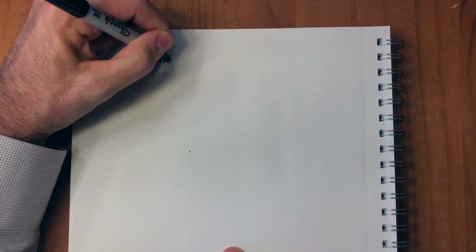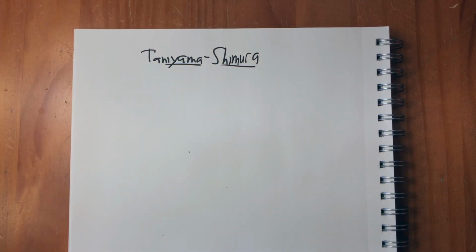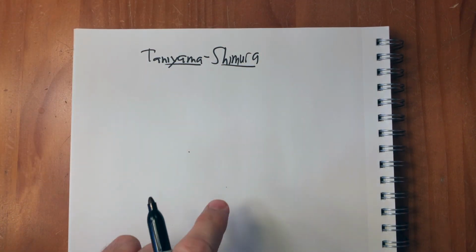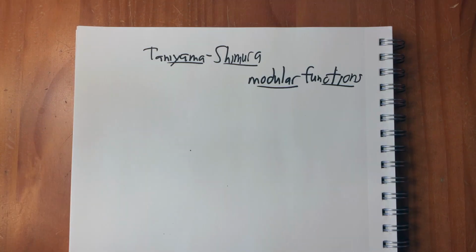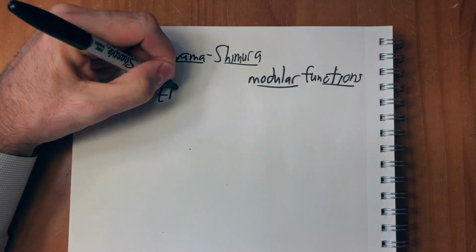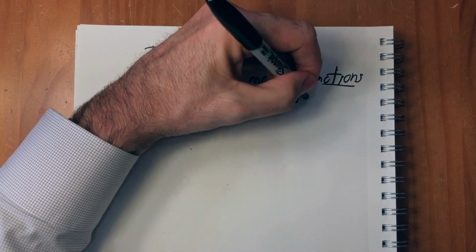No detail here, but in some vague way, elliptic curves can be parameterized by elliptic functions. What Taniyama and Shimura conjectured is that elliptic curves can also be parameterized by modular functions. And this is what Wiles proved. He proved that all elliptic curves are modular.